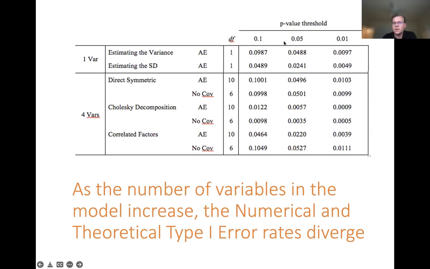So on the top of the table here, we have the proportion of times that the p-value exceeded the 0.1, 0.05, and 0.01. So we'd expect, if we're doing what we're expecting to do, that the p-value that we're observing here and the observed proportion of false positives here would be roughly the same.